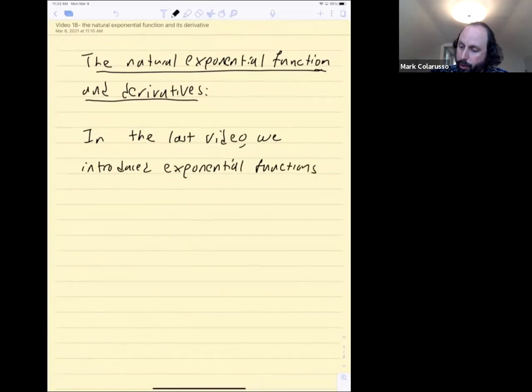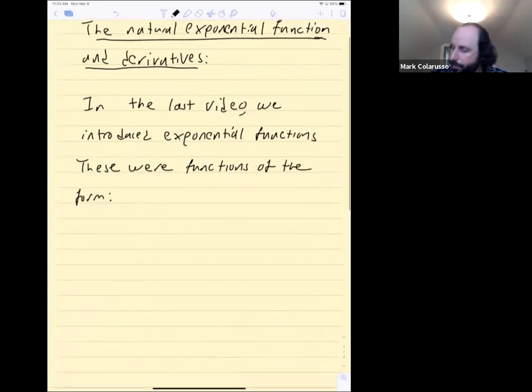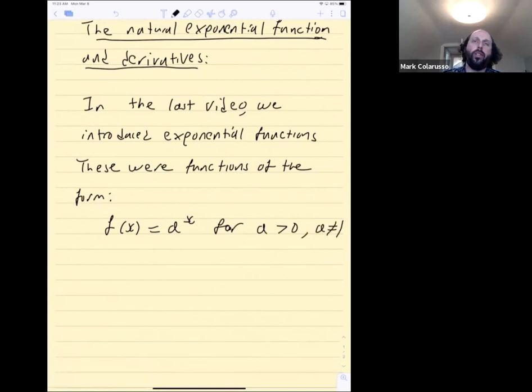These were functions of the form f of x is equal to a to the x for a positive number a. And you really shouldn't have a be equal to 1. If a is equal to 1, you're just multiplying 1 by itself arbitrarily many times. It's a constant function 1.